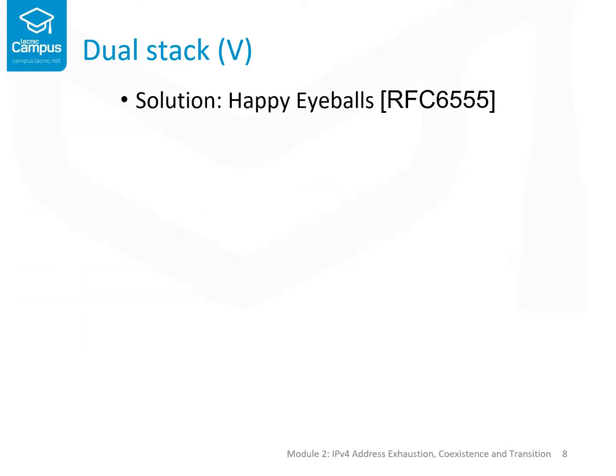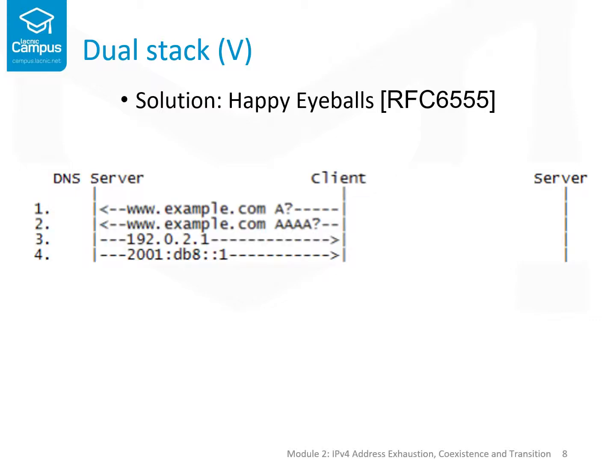One solution to this problem is the so-called happy eyeballs mechanism. Let's see how this mechanism works using the same example as before. After resolving the website's DNS to both its IPv4 and IPv6 addresses, parallel attempts are made to connect via IPv4 and IPv6.